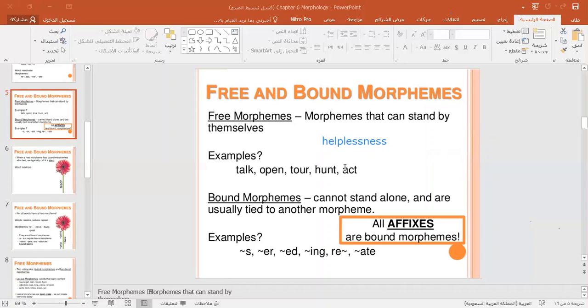Help is the free morpheme because it is a word. Less is a bound morpheme, and also ness. So how many morphemes does this word contain? It contains three morphemes. One of them is a free morpheme, which is help, and the others we call bound morphemes. Good.